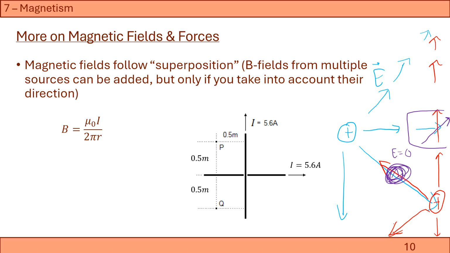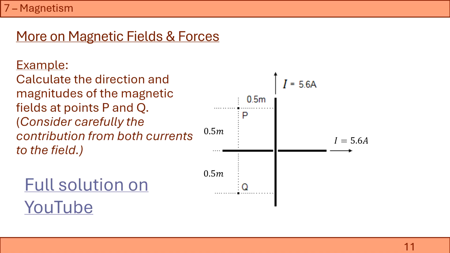But mathematically, it can be challenging. There's a problem here. We will think about it as simply as this kind of problem can be, which I still think is a little bit complicated. Again, there's a full solution up on YouTube, which you can look at. We're going to have, and I'm going to draw this in red, an upwards current.